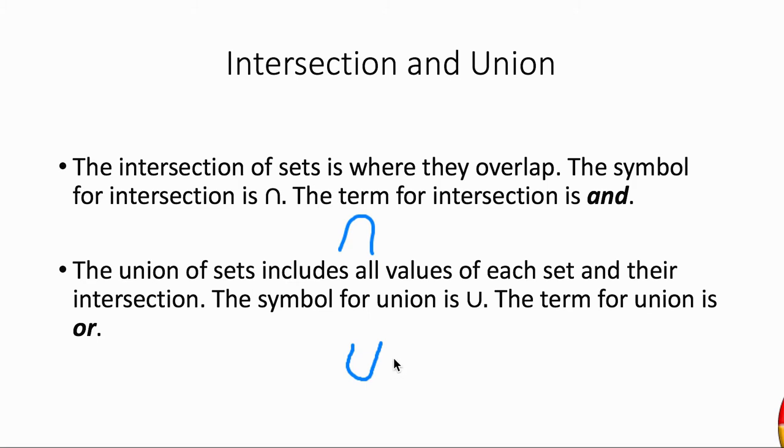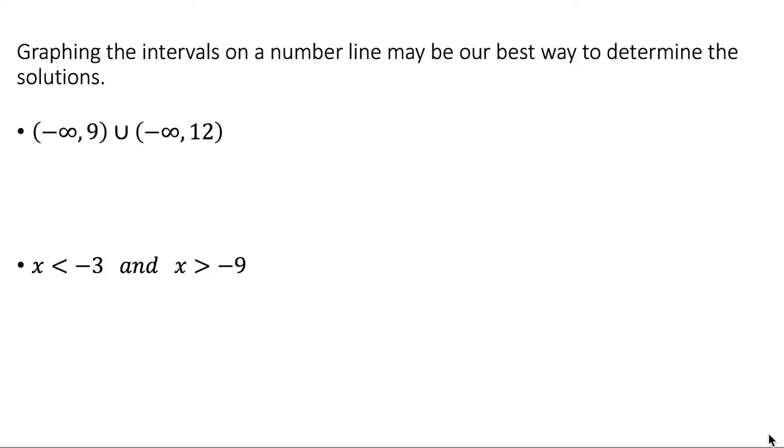If you're trying to remember them versus "and" or "or," look at this one, then we can make this look like an A. So this is "and" and then the other one is "or." Okay, so we've got to be able to distinguish between these two things, and we just have one slide to help us with this.